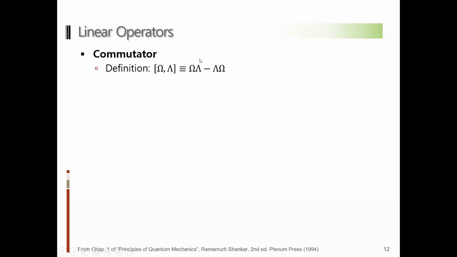For example, if I have the commutator acting on the vector v, then by following the definition, for the first term, V will first work on it, and later omega will work on it, while for the second term, omega will first work, and then later this one.